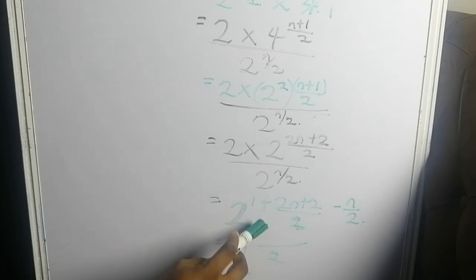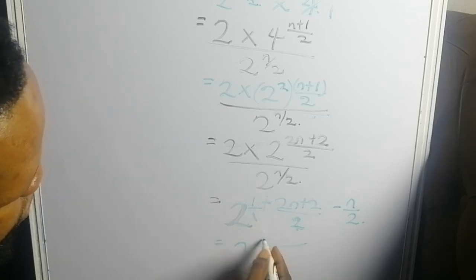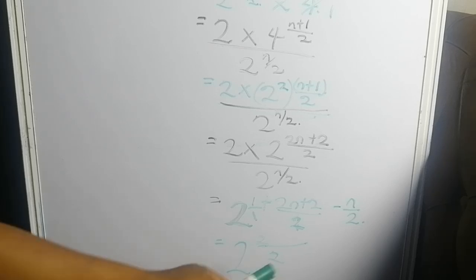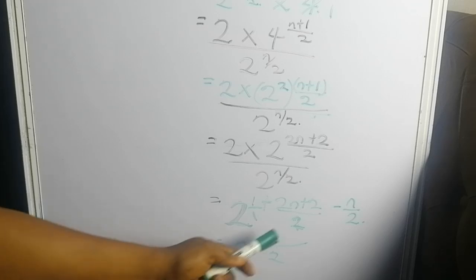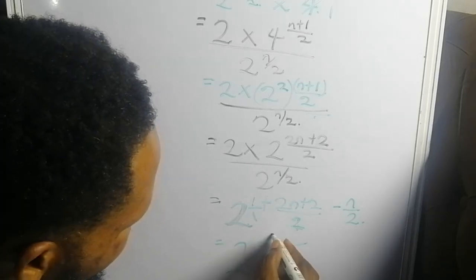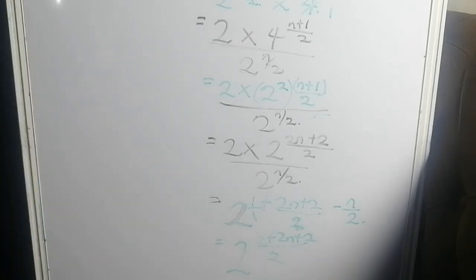So 2 in 1 is 2. 2 times 2. This one is 1 over 1, but we don't usually write it. 2 in 1 is 2. 2 times 1 is 2. Then for the second one, you have 2 in 2 to be 1. 1 times 2n plus 2 is plus 2n plus 2.